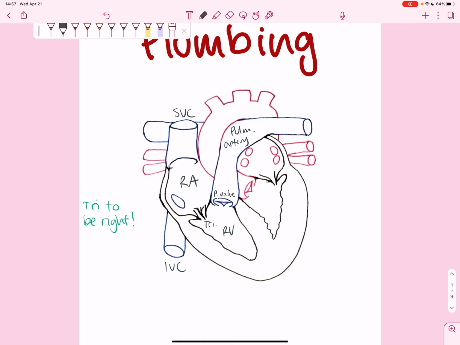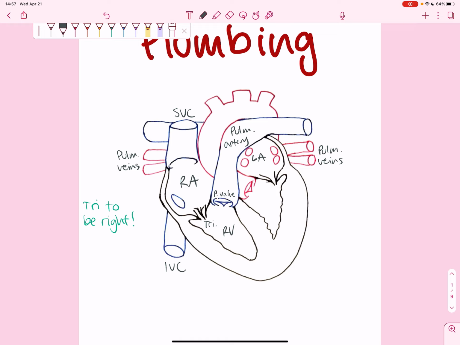And then the pulmonary veins. That's over here, and over on the other side. Okay, into the left atrium.